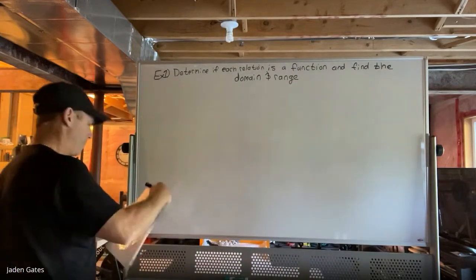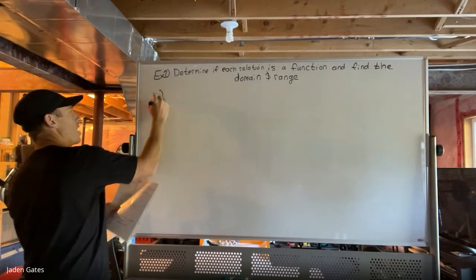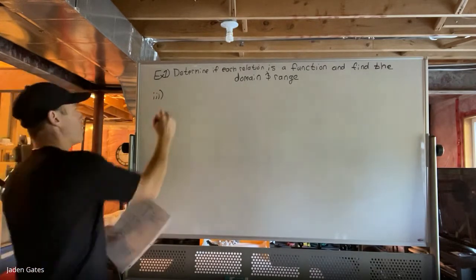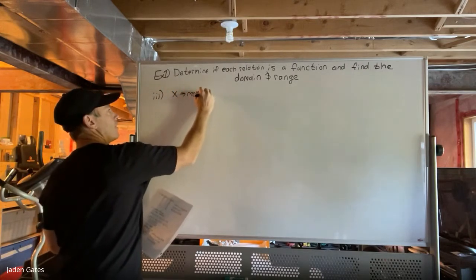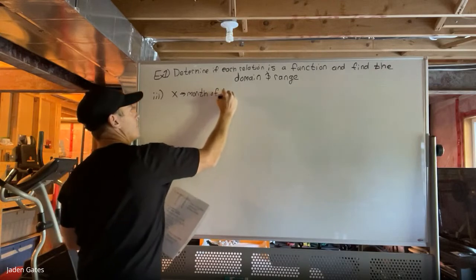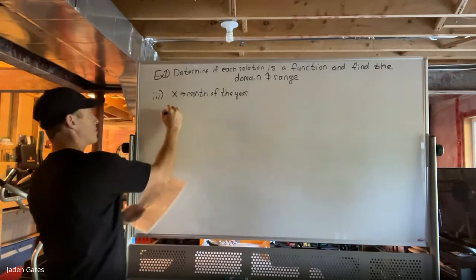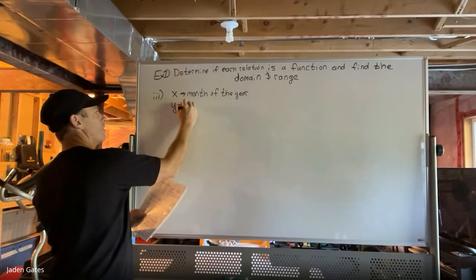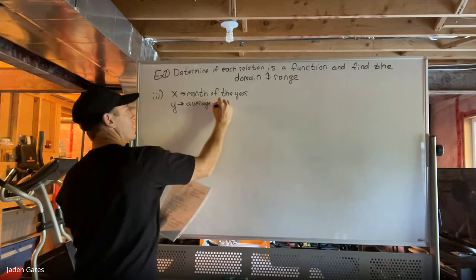All right, so we got triple I. It's probably more common where our X is going to be defined as month of the year, and y is going to be our average temperature.